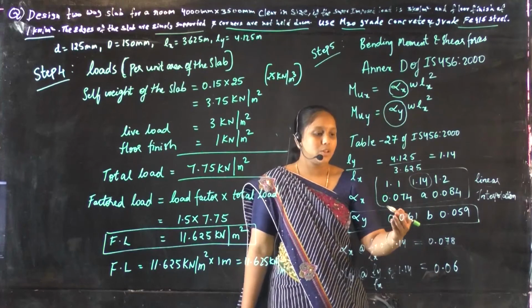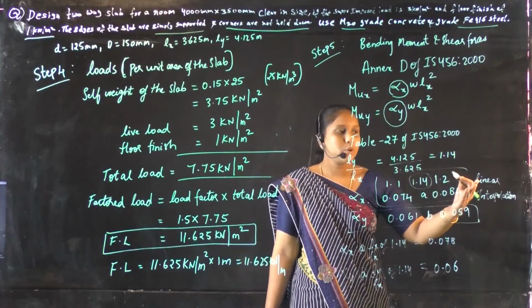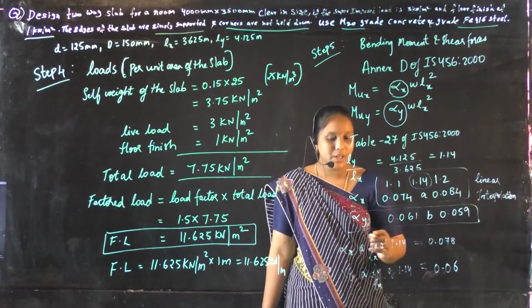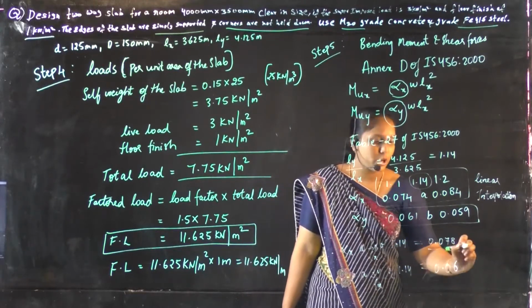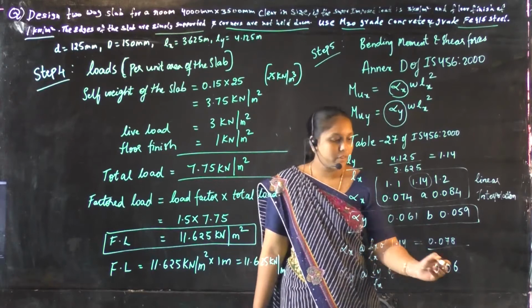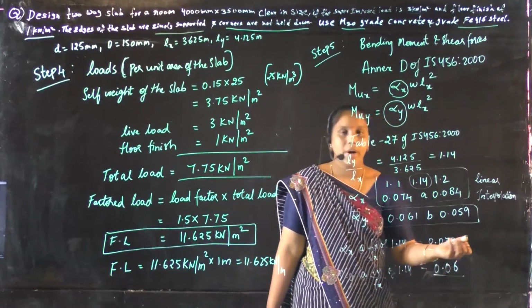So these are the values we get if we go for the linear interpolation. The alpha x value is 0.078 and the alpha y value is 0.06.